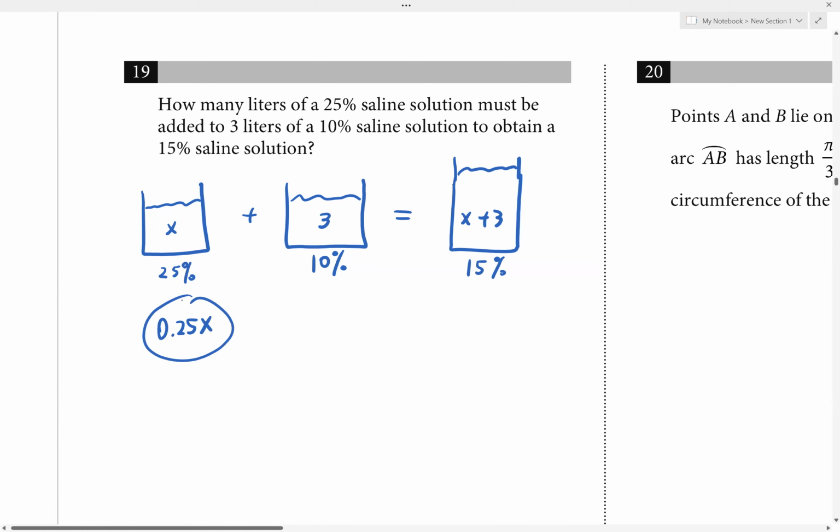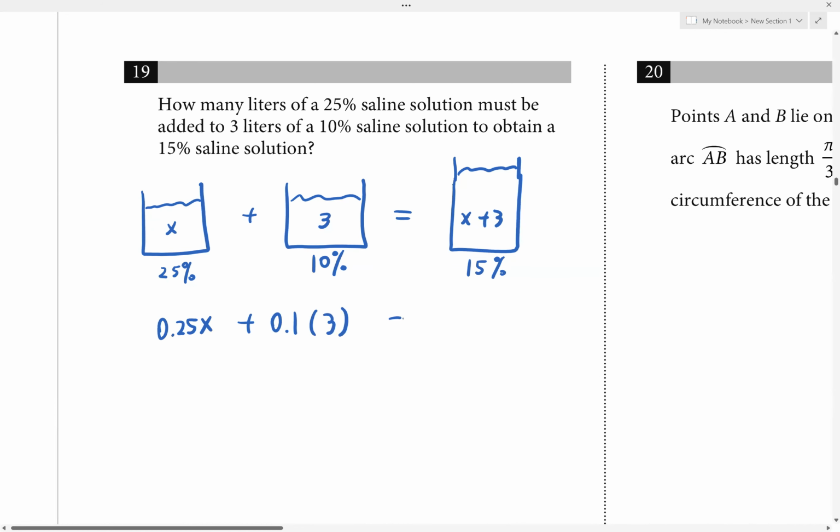So this represents how much salt we have in the first beaker. The second one is a 10% solution of 3, the total volume. So 10% of 3 is salt. We'll do 0.1, that's 10%, times the total volume, which is 3.